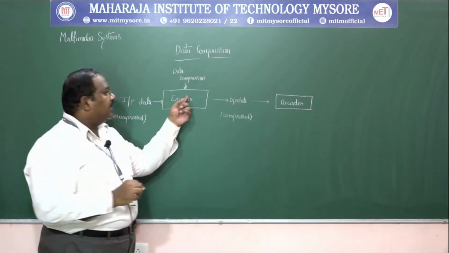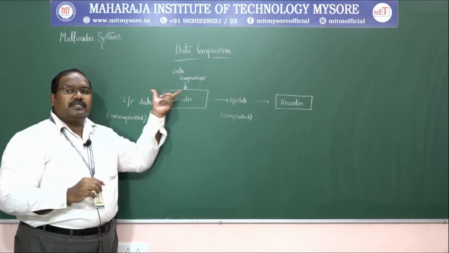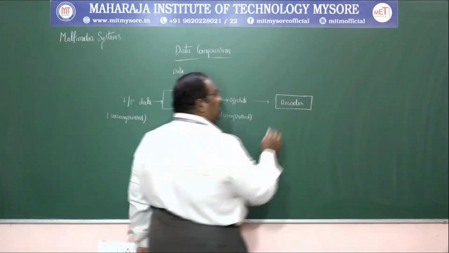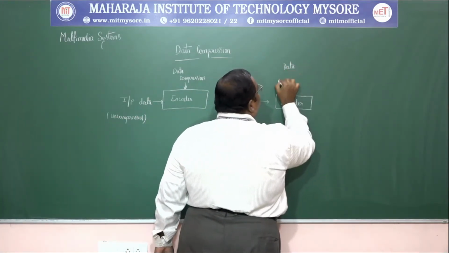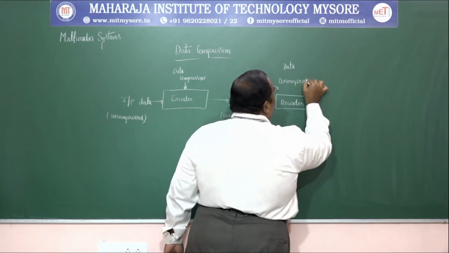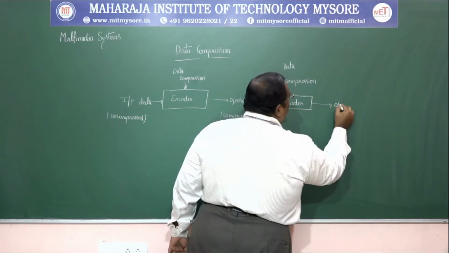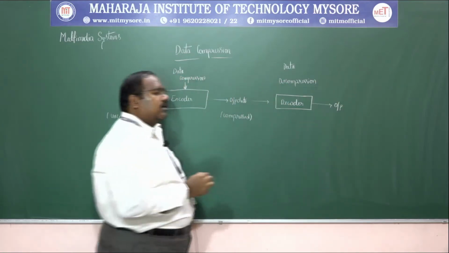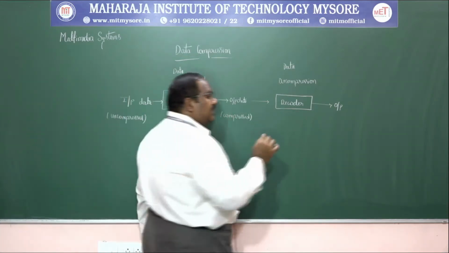Look at this. At the encoder, what kind of process is happening? Data compression is happening. What's happening at the decoder? Data decompression. And we get the output. This is what we call the output at the receiver's end.